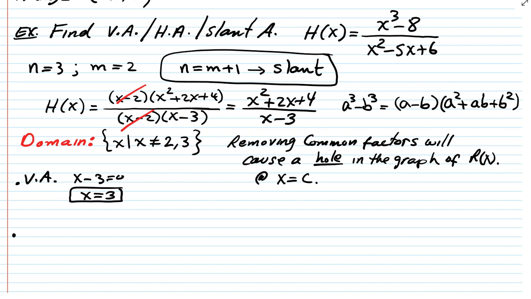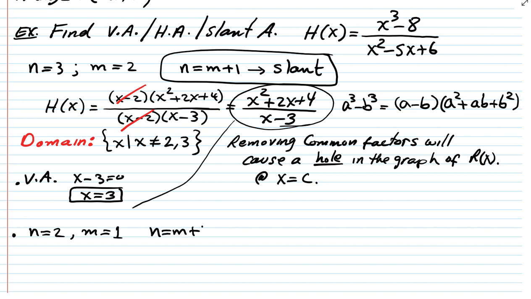Now, because the degree of the numerator is greater than the denominator, even in the reduced version, n is 2, m is 1, n is m plus 1. That means the degree of the numerator is one larger than the denominator. Therefore, there is a slant asymptote. If there's a slant, there cannot be a horizontal.